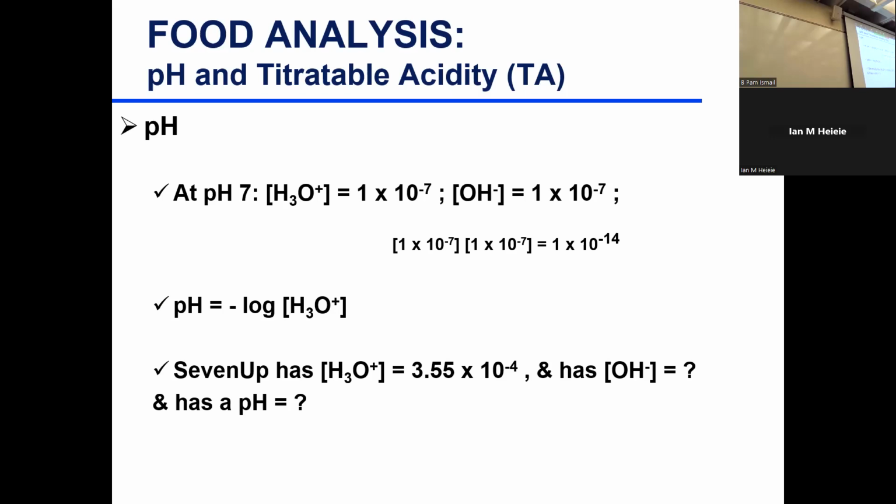So how do we apply this? This is an example of how we apply it. Pull out a piece of paper, and let's do some practice calculations.